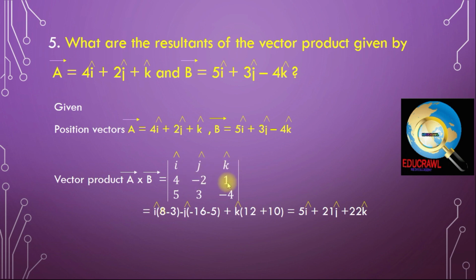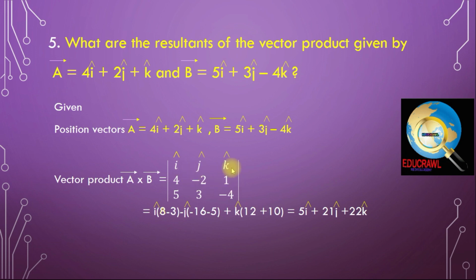The second row will be the components of the first vector. Here the first vector is A vector, whose components are 4, and next, actually here it is minus 2. So the first is 4, next is minus 2. Then in front of k no number is there, that means it is 1. So the second row forms 4, minus 2 and 1.